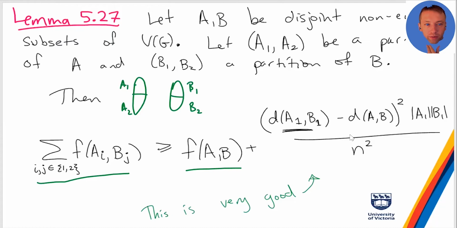It's the density d(A1, B1) minus the density d(A, B), squared, times the size of A1 times the size of B1.